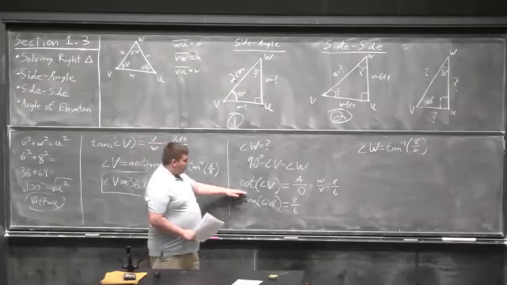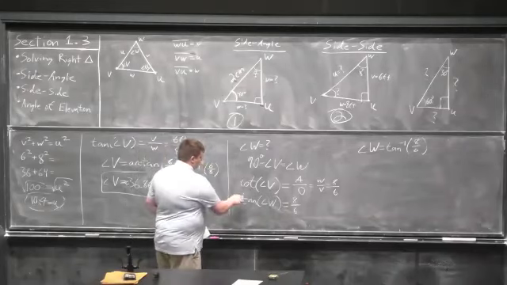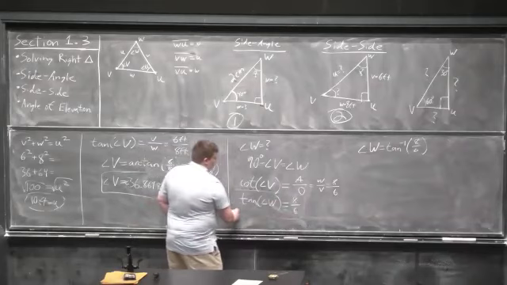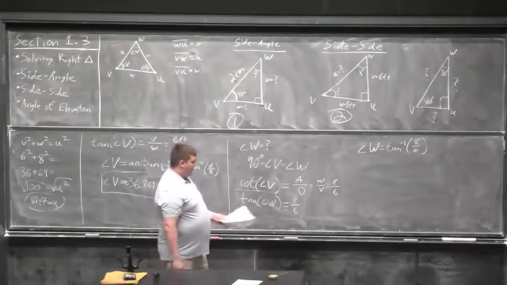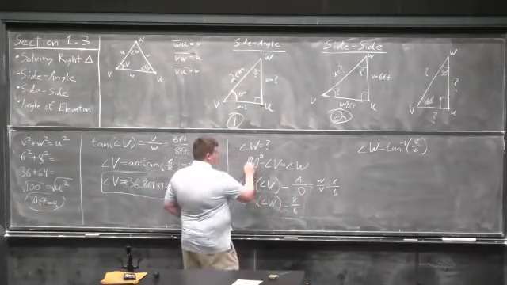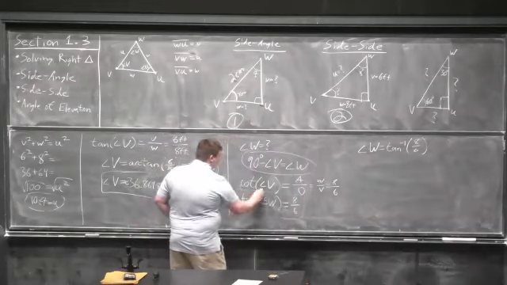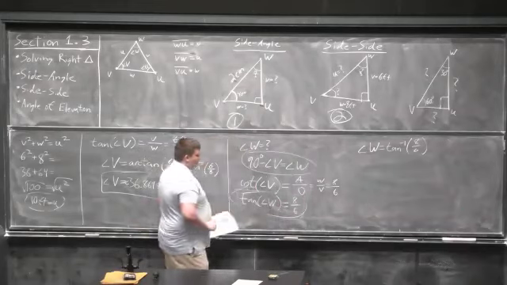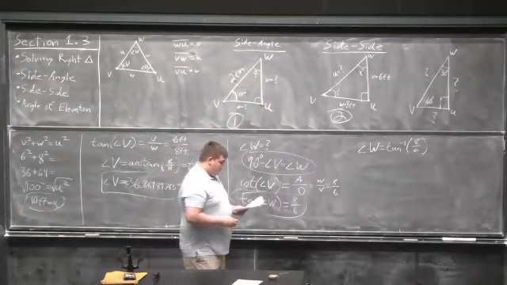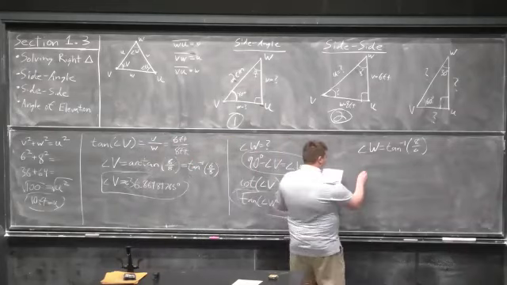If you spotted that and jumped straight to here, that is a-okay. That is a fine answer, but either way, whether we use this method or this method, we're going to get something that looks like this.